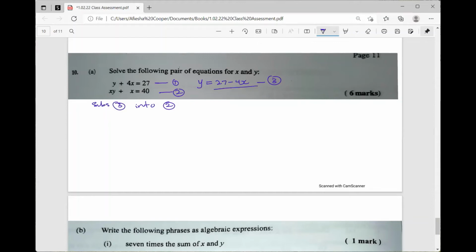So guide me. x, open bracket, 27 minus 4x, close bracket, equal to 40. You forgot something: x plus x, plus x equal to 40. All right, very good. But very good. Right, what do we do next now?